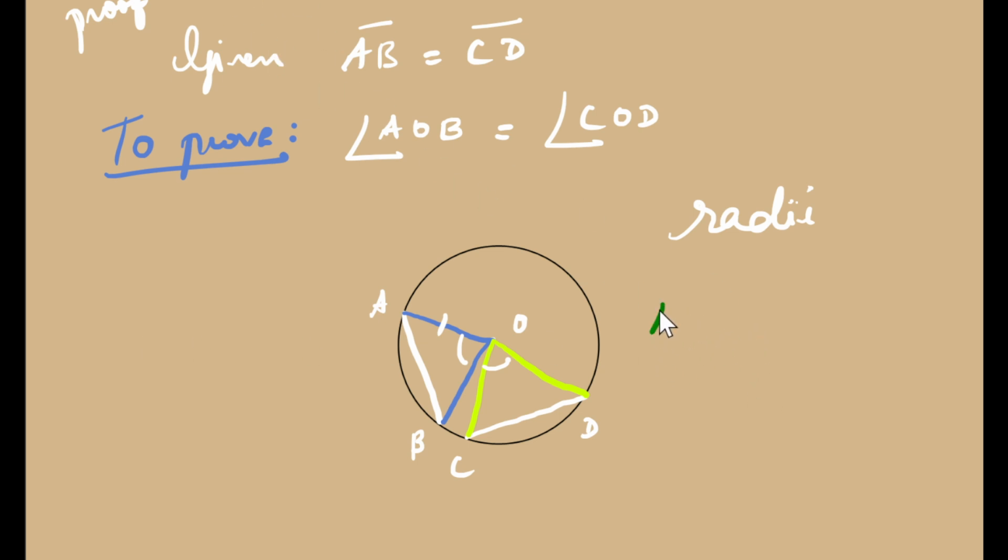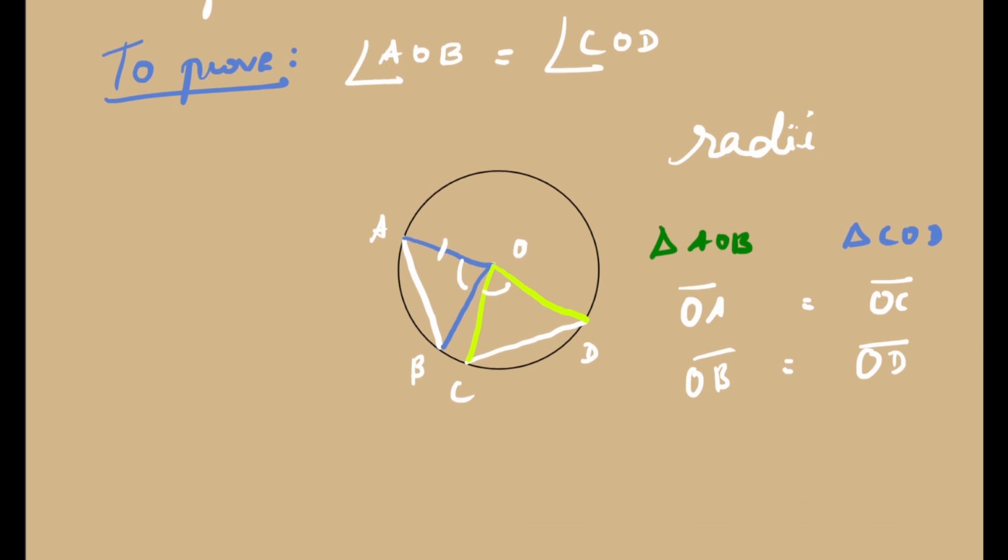One in green, triangle AOB, and we have triangle COD, right? So we have OA, length of OA is equal to the length of OC. Both are radii. The reason you give is they are radii of the same circle. They are equal. And similarly, OB will be equal to OD. Once again, radius of the same circle.